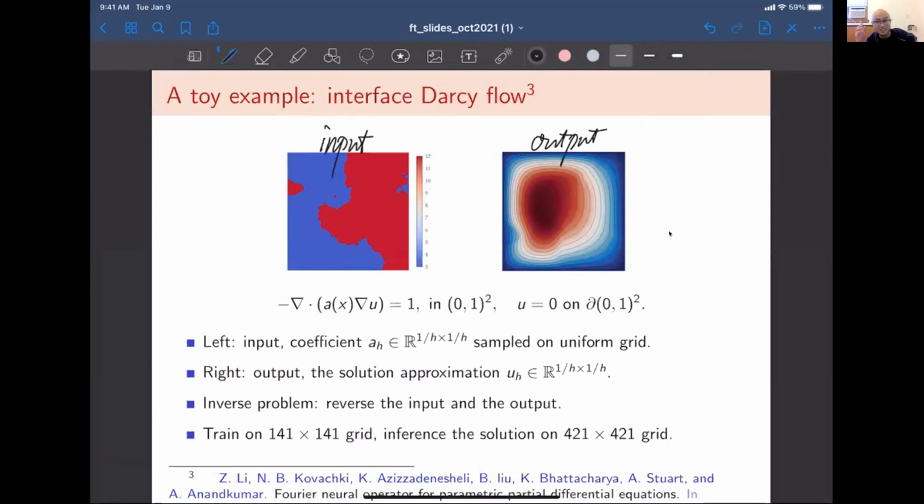This is out of my field, so I don't know how to express how shocked I was back then after I implemented it. Moreover, they call this zero shot super resolution. It's a fancy name. We can use training data with lower resolution, and we do evaluation on a much higher resolution. So they call it zero shot super resolution.